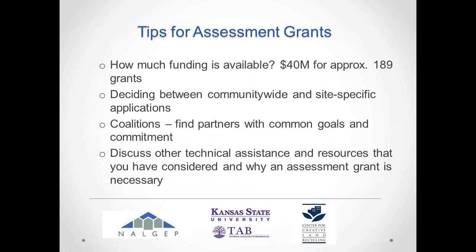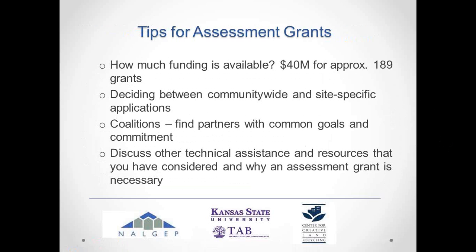Now I'm going to tips for the different types of grants, starting off with the assessment grants. As Ken mentioned, these provide $200,000 each for hazardous materials and petroleum. There's a 3-year grant period, and there will be approximately $40 million available, spread over 189 grants, and that's an estimate, of course.